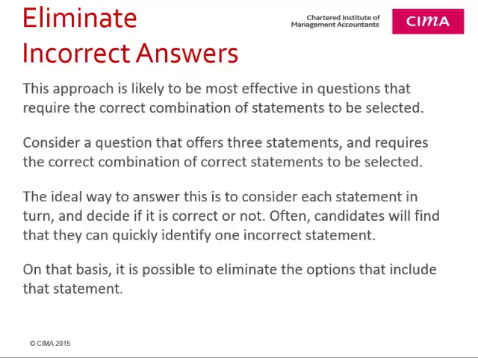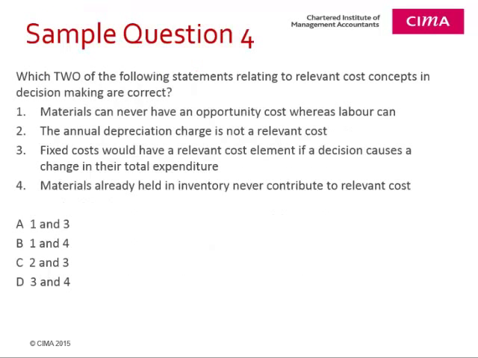Often, you'll find you can quickly identify one incorrect statement, and on that basis, it's possible to eliminate the options that include that statement, so it cuts down the number of possible answers. So here's a typical question involving statements, sample question 4.